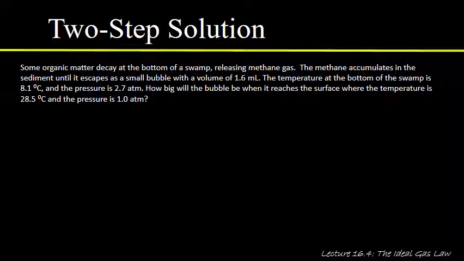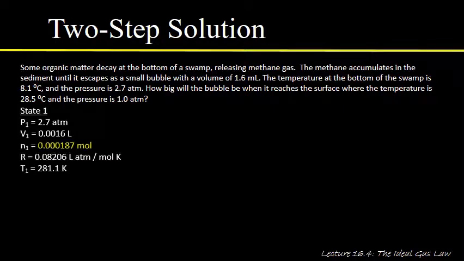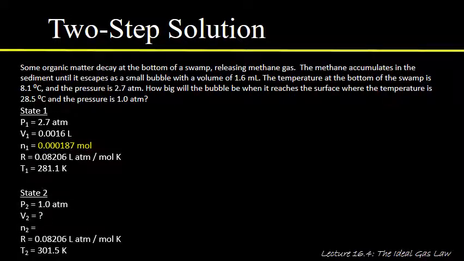All right. So we just went through this and looked at our state 1 variables. We calculated the number of moles as 0.000187 moles. So we can take that and use that information here for n2, because the number of moles isn't changing, right?